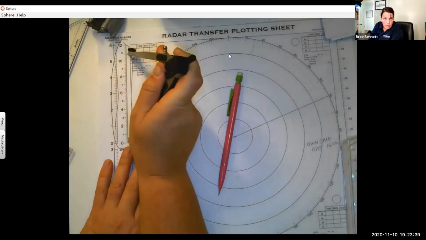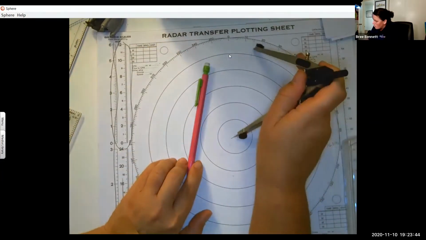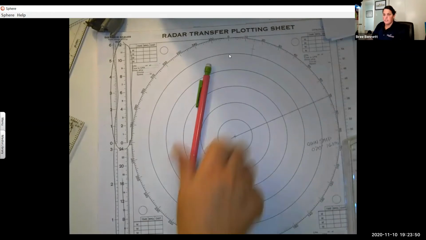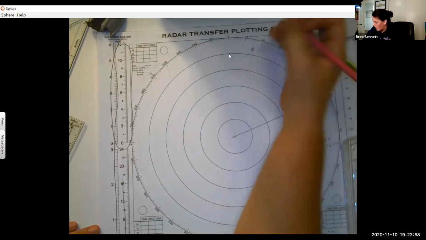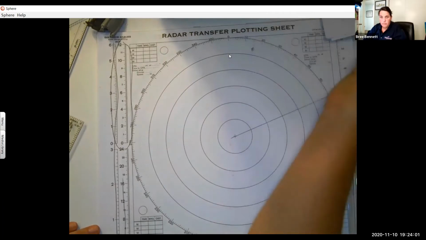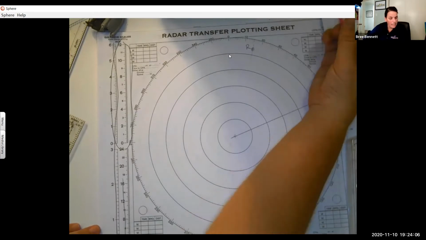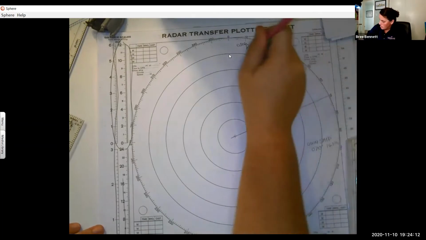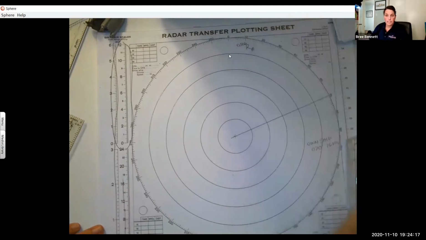So there's 10.8. And what do we label that? R. I make it a circle just so it's visible; you can just do a dot. So that is R, and I'm going to label that 0306. So I have one dot.